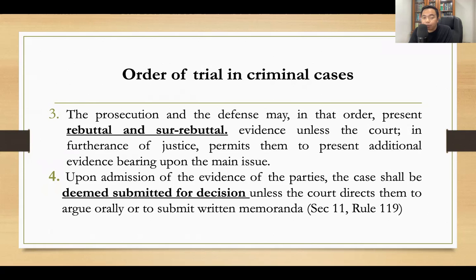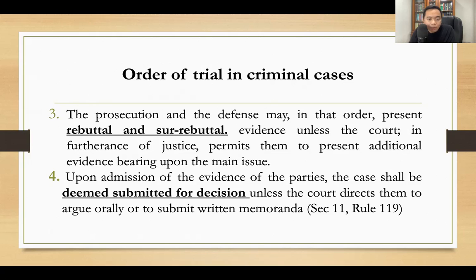They may also not avail of this procedure, meaning after the prosecution and the defense, the case is deemed submitted for judgment. But if the parties deem fit, they can opt to present rebuttal or sur-rebuttal evidence. What is rebuttal or sur-rebuttal evidence? These are evidence which will controvert the evidence presented by the prosecution and the defense at the first instance.